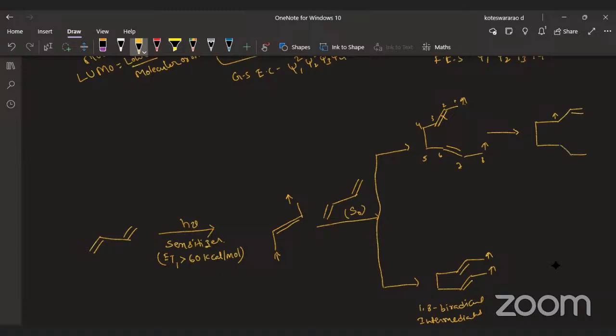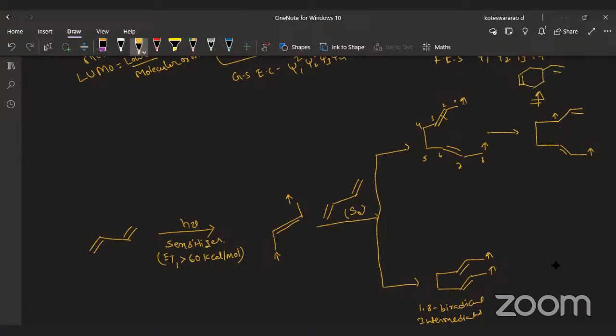Then, these two positions will not combine together. That will not lead to the cyclohexene derivative. The 4-vinyl cyclohexene derivative is not generated from this intermediate.